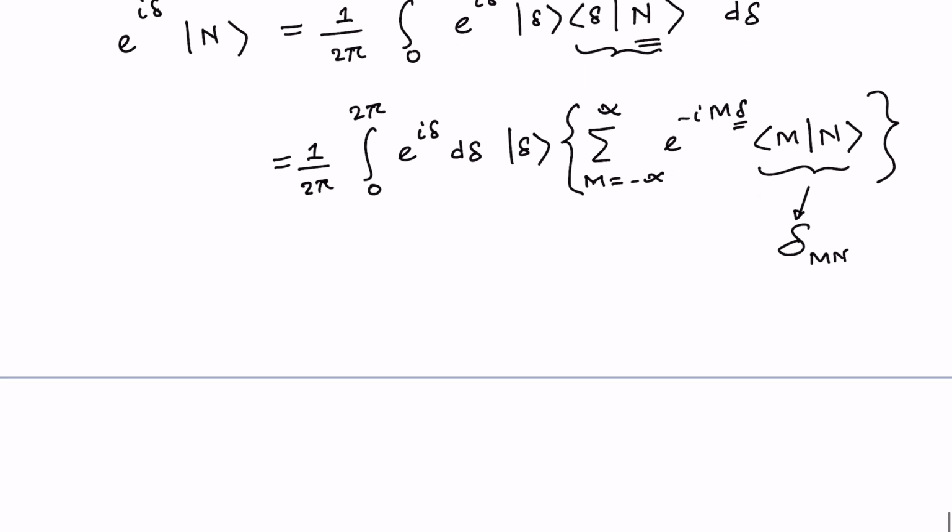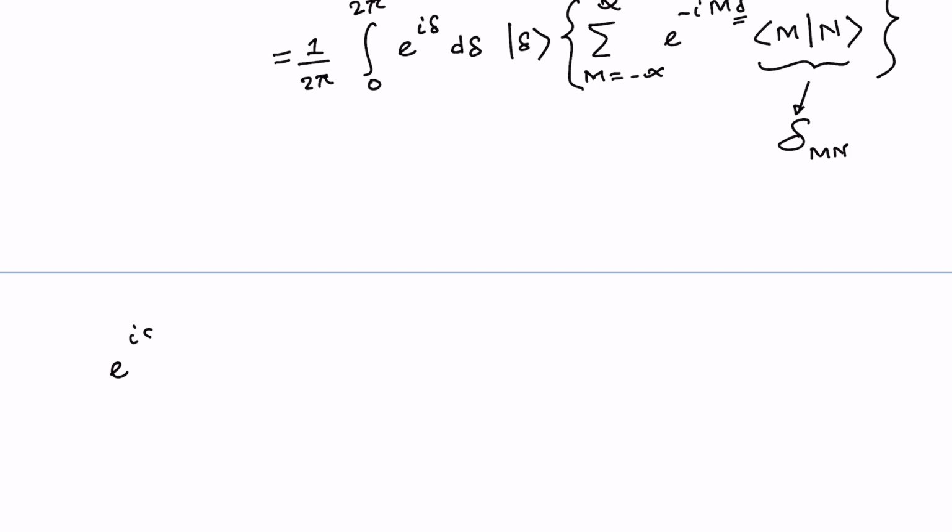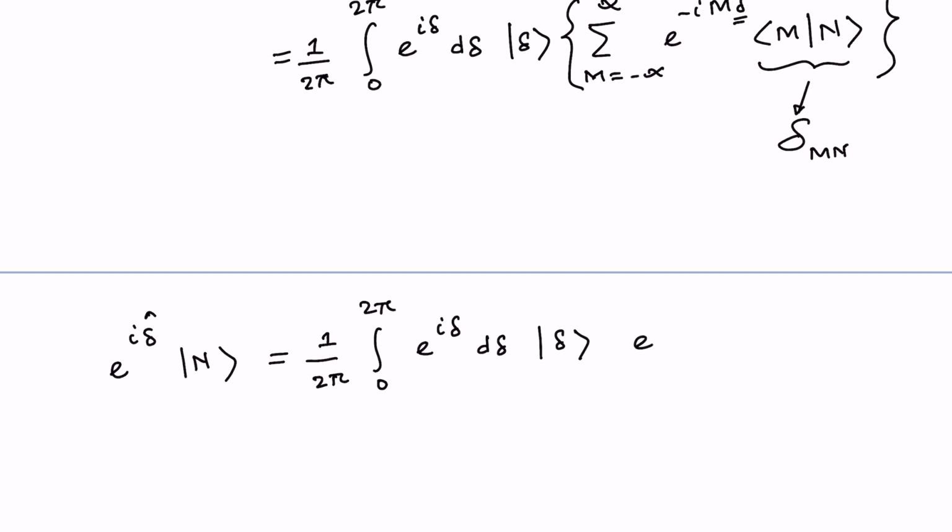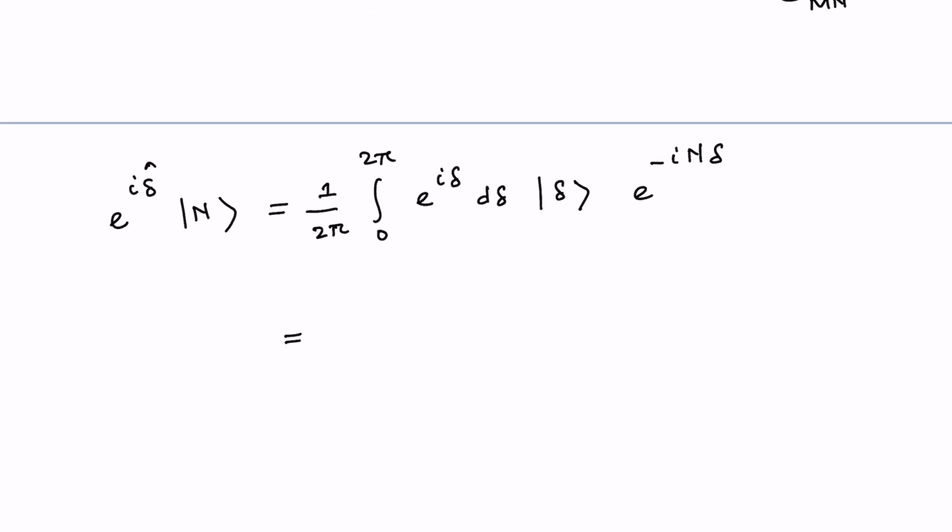So utilizing this, I can write e to the power i delta cap operating on this ket n is going to give me 1 by 2 pi, okay, 0 to 2 pi e to the power i delta d delta ket delta, and from here I am going to have e to the power minus i n delta, exploiting the property of the Kronecker delta, and I can then have 1 by 2 pi integration 0 to 2 pi, okay, e to the power minus i n minus 1 delta ket delta d delta.